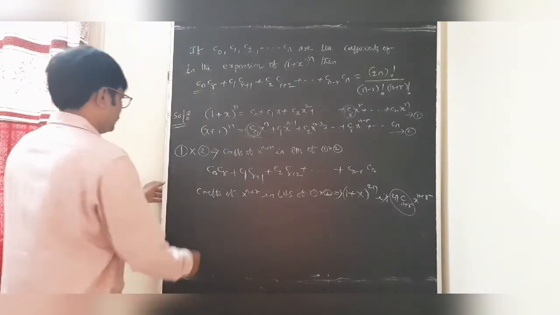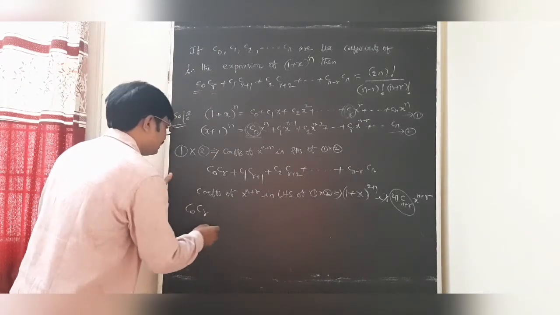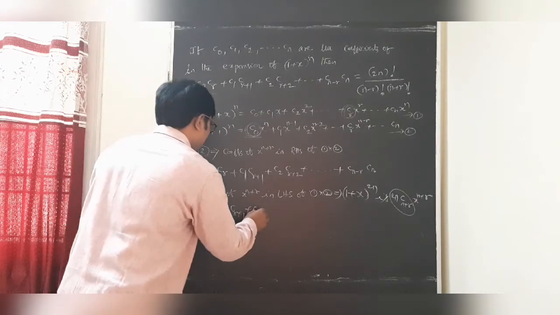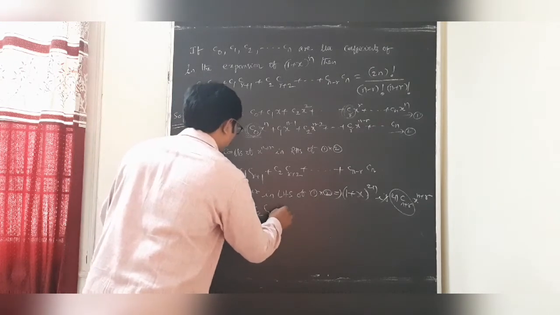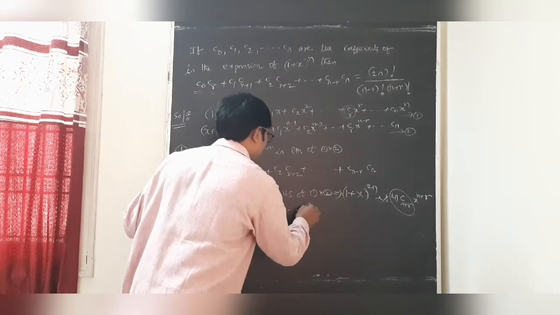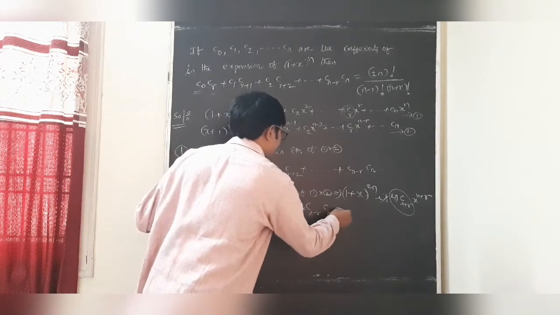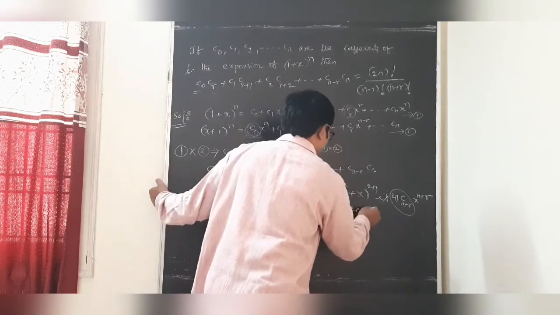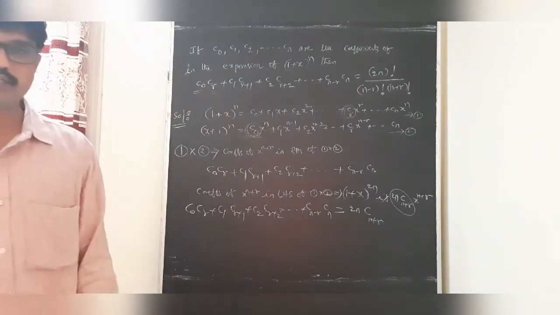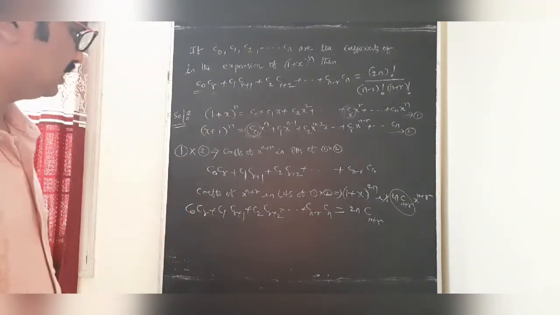So now equating C0 Cr, C1 Cr+1, C2 Cr+2, and so on, Cn-r Cn, that is 2nC(n+r).